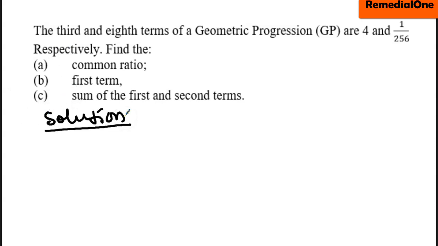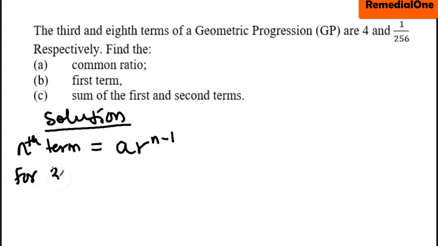Now for a geometric progression, the nth term is given by A r raised to the power n minus 1. The nth term also represents a particular term, for example, second term, third term, fourth term, fifth term, or the last term. We have been given the third term, so for the third term, n is equal to 3.